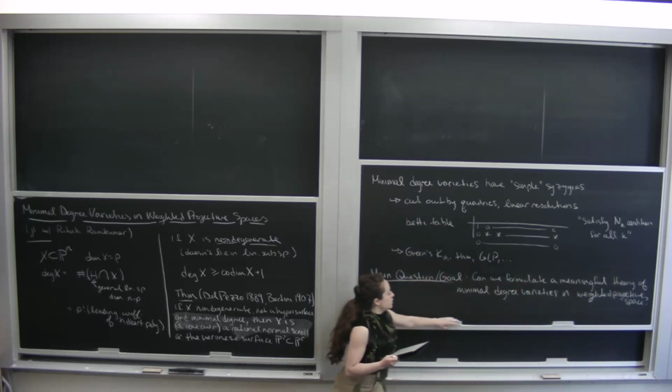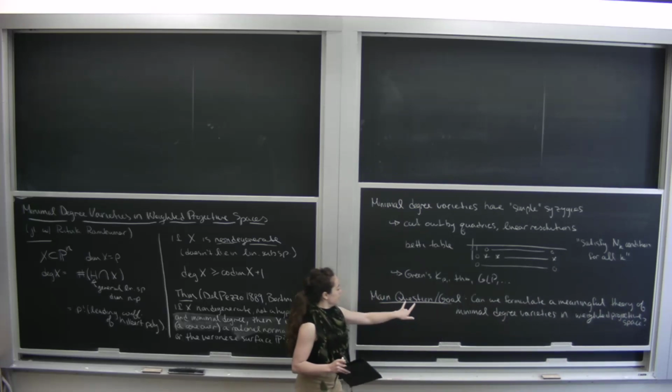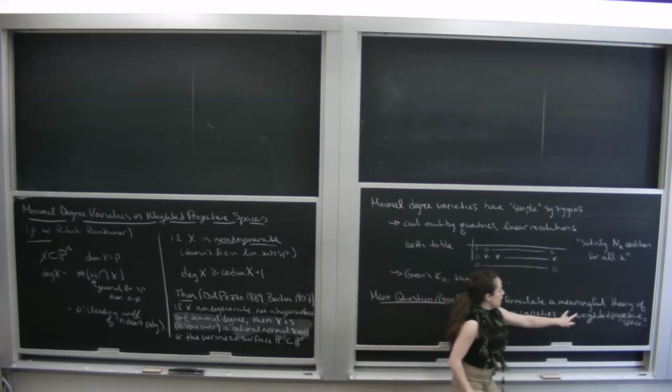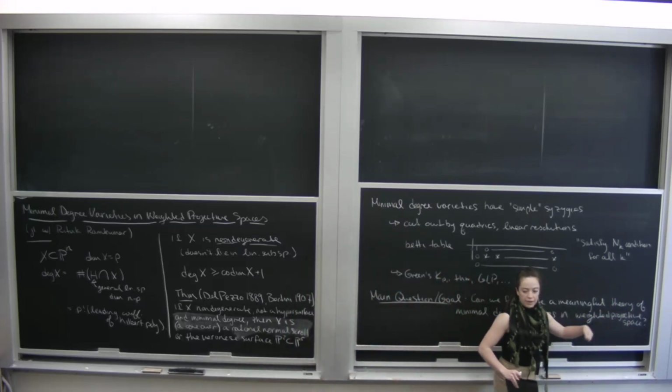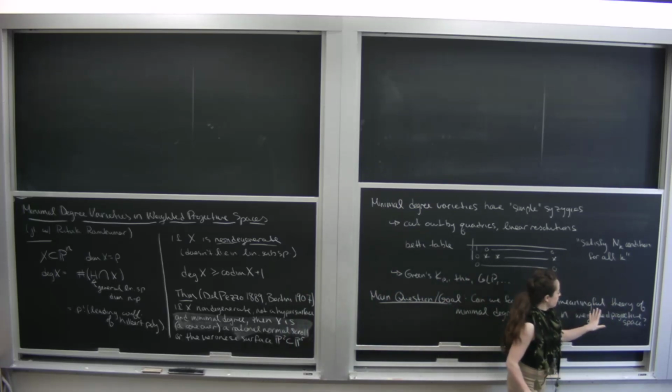Okay. And this is a kind of specific goal. You could also ask this in other toric varieties, or if you're interested in embedding things into other toric varieties other than P^N.